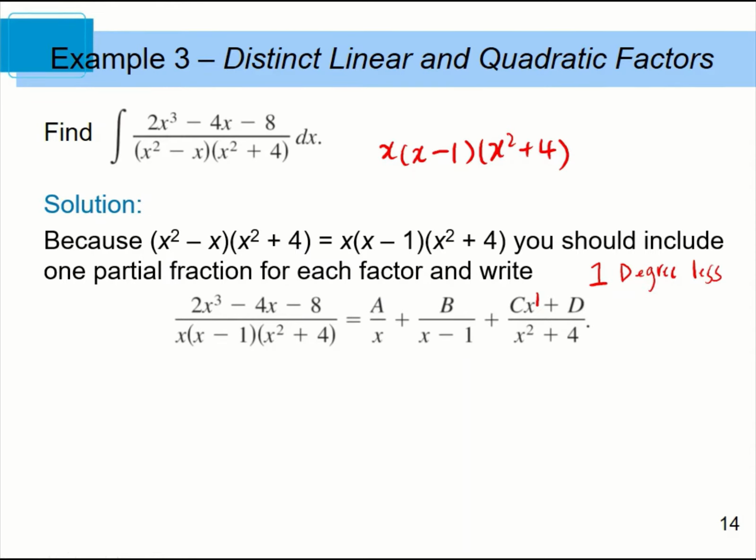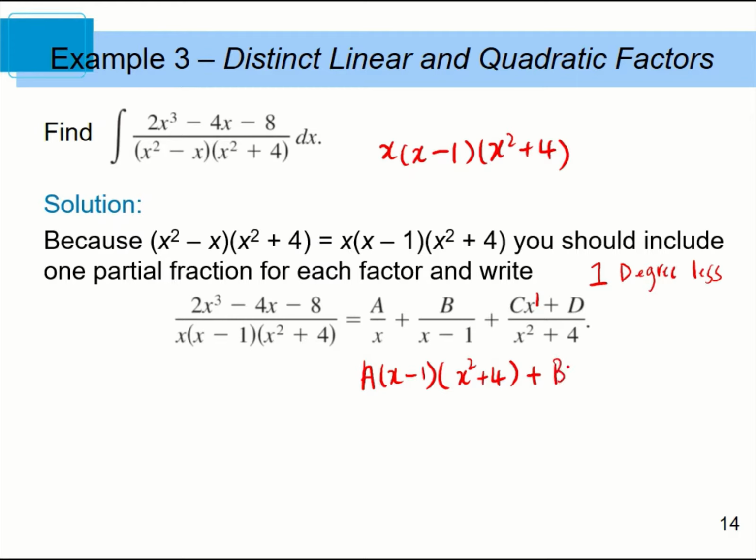Now, from here we can actually create the basic equation. When we combine this, the A will multiply x minus 1 and x squared plus 4. And what happened to B?